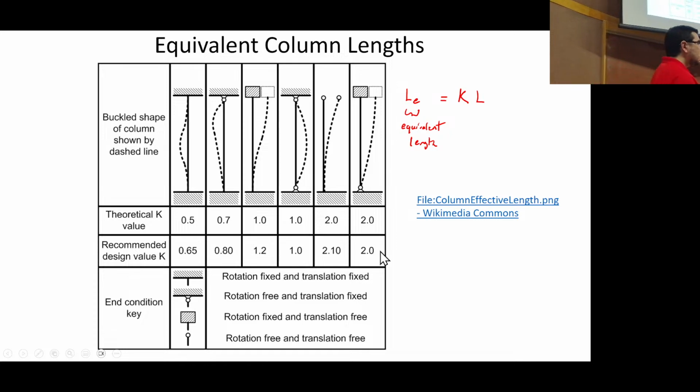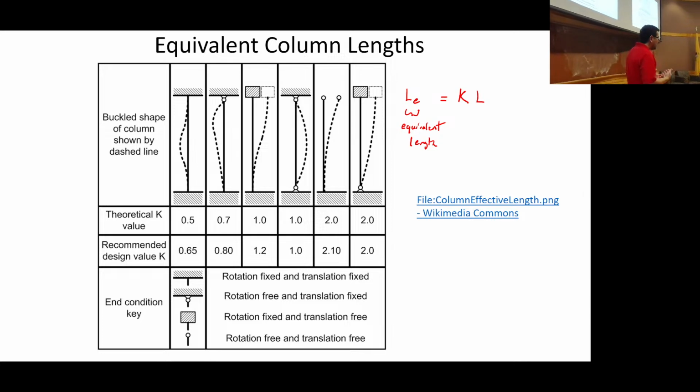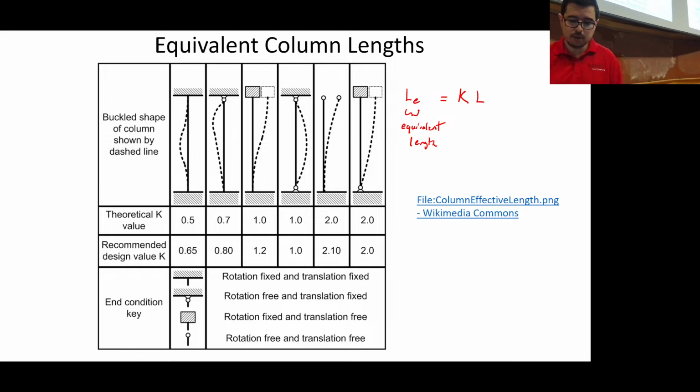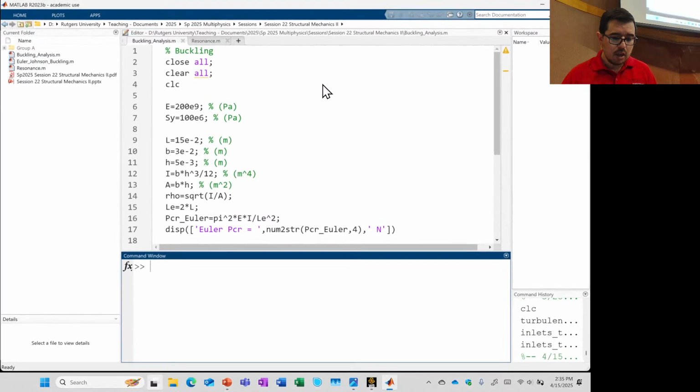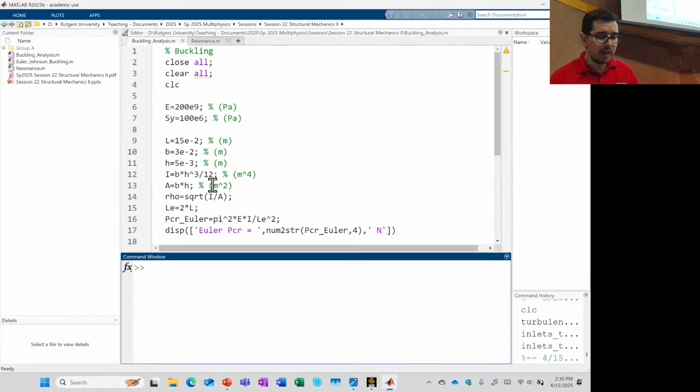All right. So this is to give us some idea of what the equivalent length is. Then we can calculate the slenderness ratio and have an idea which domain we're in. So first, in ANSYS, we're going to do that simulation. But before we do that, you can see here, now you're like, oh, I don't like reading code, all right? I have an elastic modulus of 200 gigapascals, yield strength of 100 megapascals. Here's the length that we talked about, the 15 centimeters or 150 millimeters.